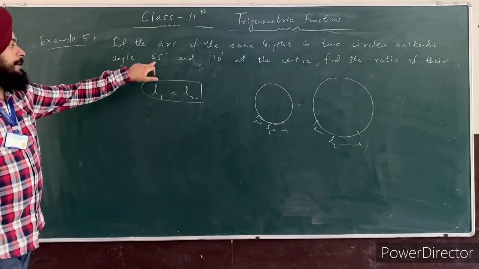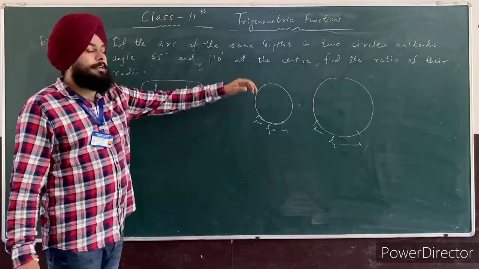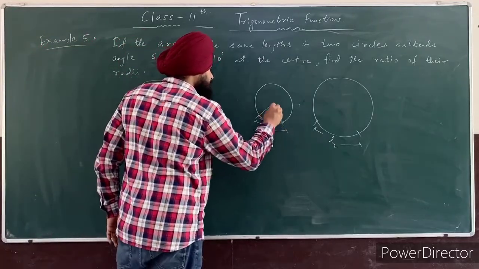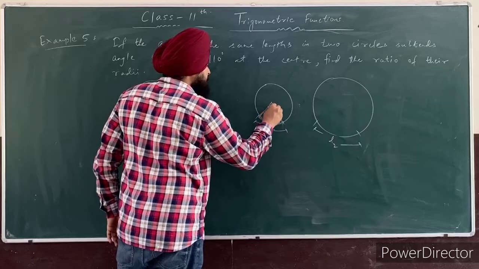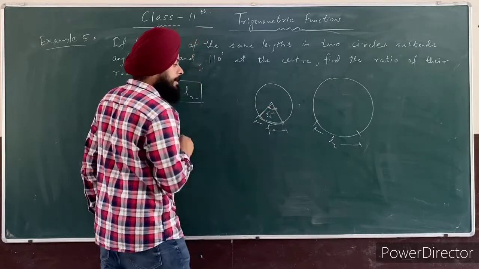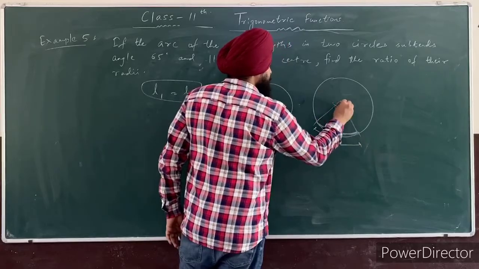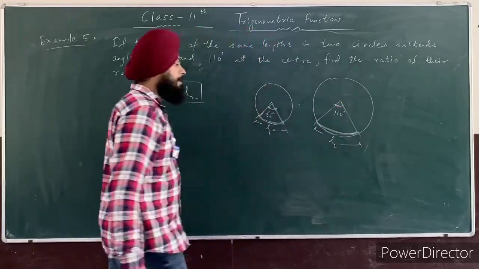ठीक है? कि जो arc length है वो same है. They subtend angles of 65 degree and 110 degree at the center. The arc in the first circle subtends an angle of 65 degree, and the arc in the second circle subtends an angle at the center of 110 degree.